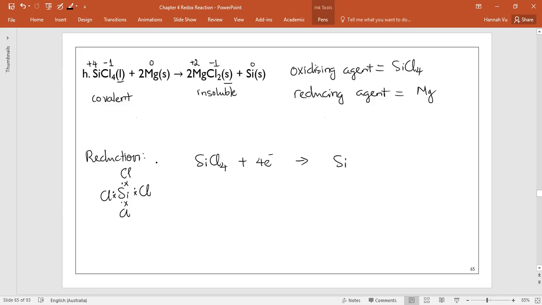But now, because there are 4 extra electrons, the chlorines no longer have to form covalent bonds. They can just accept the electrons and become ions. So actually what happened when the 4 electrons come in is that they're going to form 4 Cl minus ions as a result of that, which leaves the silicon being neutral at the end.